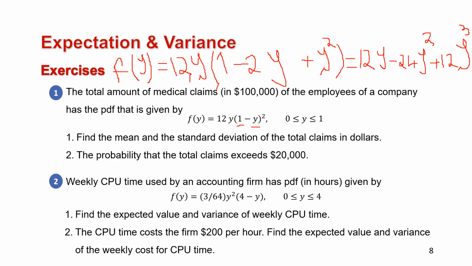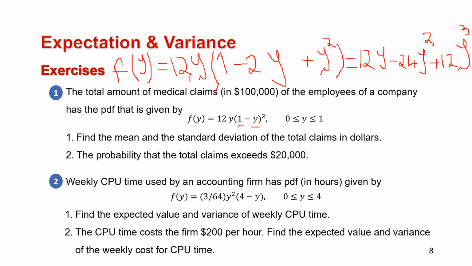Or you can take 12 as a common factor, and then you will have y minus 2y squared plus y cubed. But to find the expected value, let's integrate from 0 to 1 y times this f of y. And the standard deviation, as you know, is the square root of the variance, and to find the variance you should find the expected value of y squared minus mu squared.